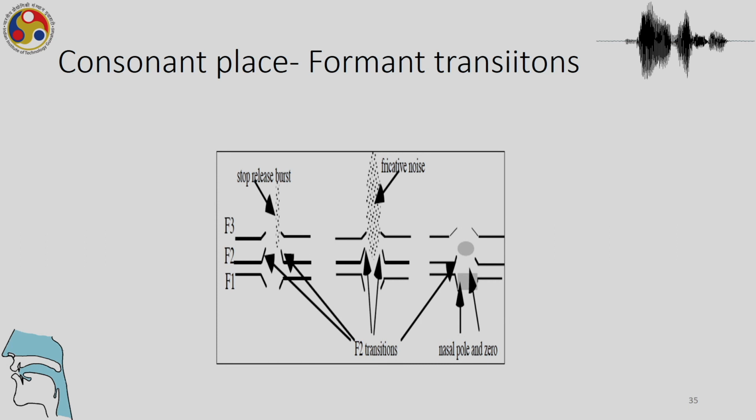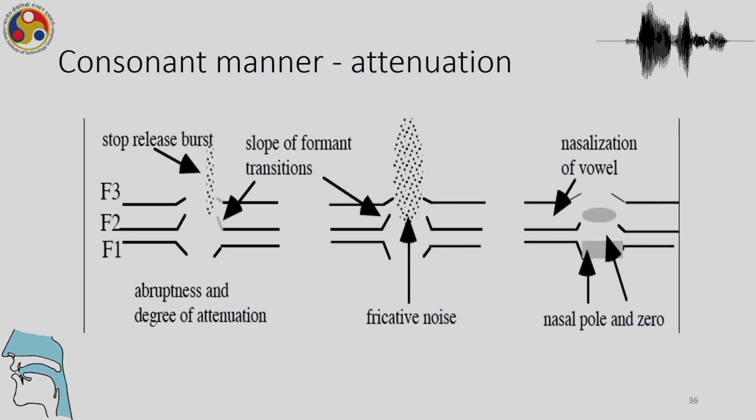So summarizing like yesterday, these are the things which are important. The stop release burst, the fricative noise, nasal pole zero and F2 transitions for all of these are important for the place of articulation. For manner of articulation, the attenuation, the change in energy, which is a burst in energy for stops, the noise in fricatives, and the low amplitude in nasals are important.